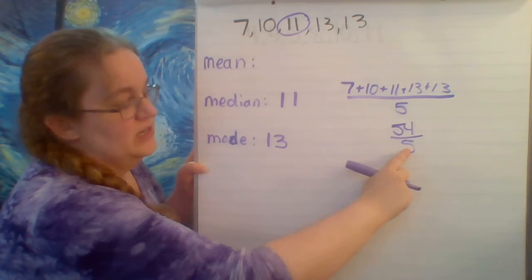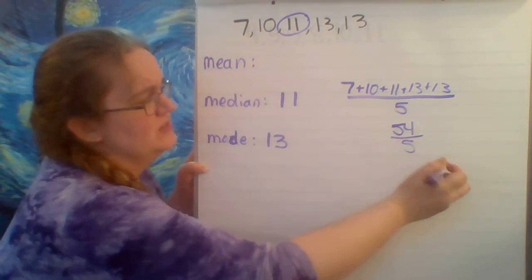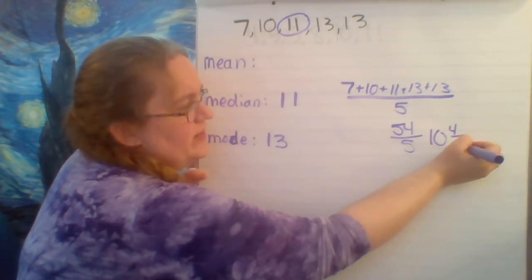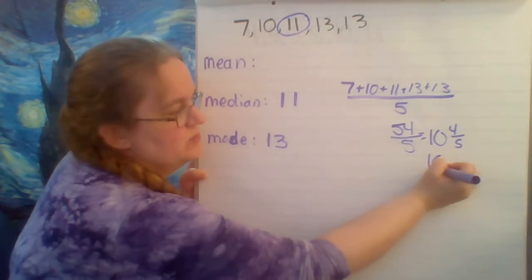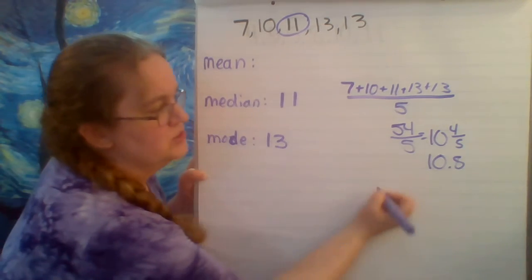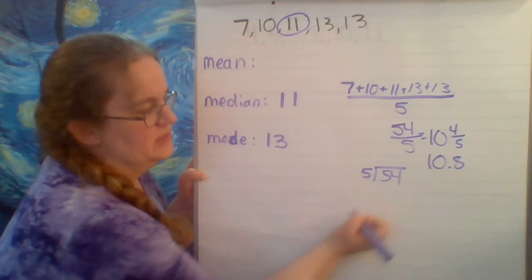So if I'm going to divide this out, 5 goes into 54 10 times, with 4 out of 5 left over. And if I wanted to keep dividing it, that decimal would give me 10.8. So again, in order to do that, remember, I can just do my division problem like this.